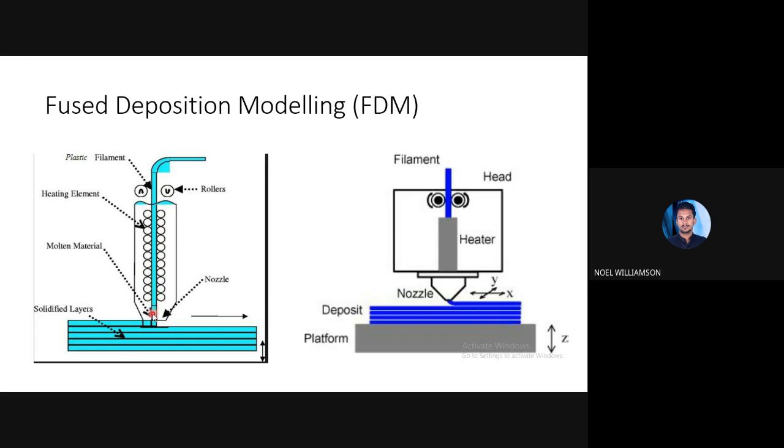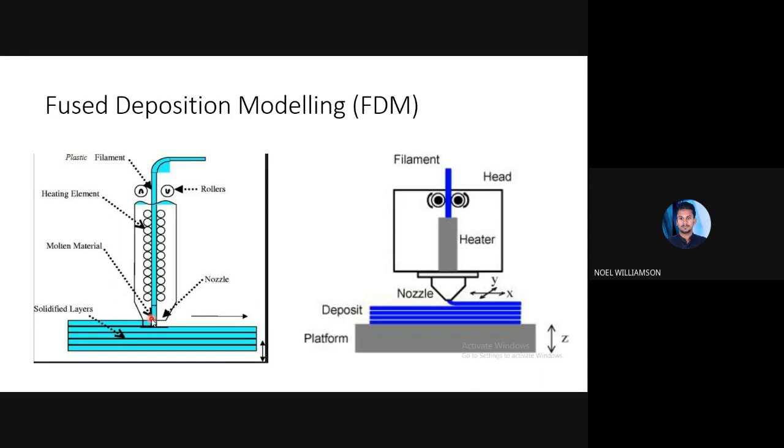As it reaches here, the liquefied wax or plastic will be available here, and it will be given to the surface where the layer is to be formed. Using the CAD data, this will be given like when we write on paper, where the ink is dropped to the surface of the paper so that you can draw that figure.